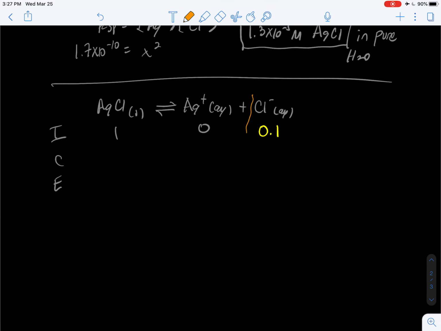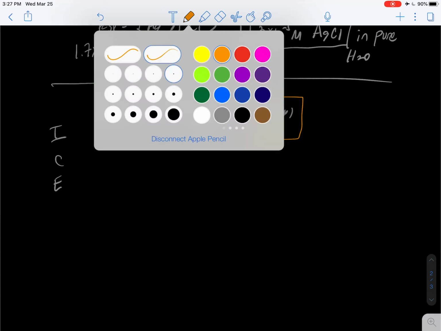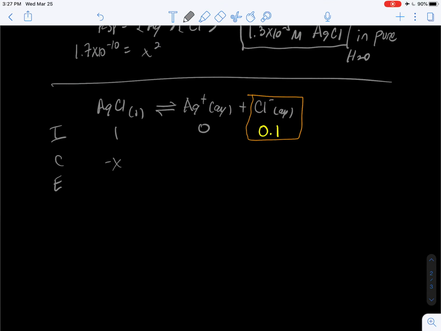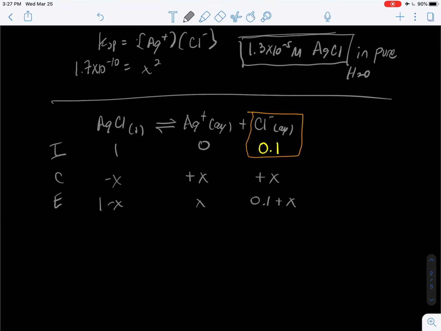So this is where you would plug in the chloride ion concentration. All right, this goes down by X, this goes up by X, and we would set up the KSP as before. You plug things in. I'll make it yellow so you can see there.